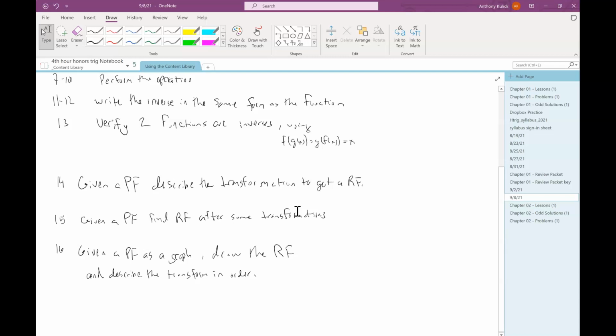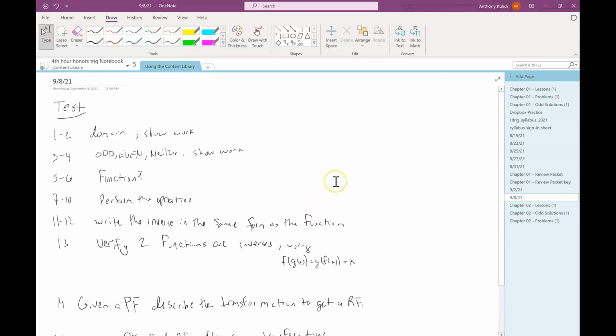It makes doing a problem like number 16 a lot easier if you're able to do all the transformation at once. You should probably know the general resultant function, like a times f of 1 over b quantity x minus h, plus k. You should probably know that form and what the a, b, h, and k do. But there weren't a lot of specific formulas.